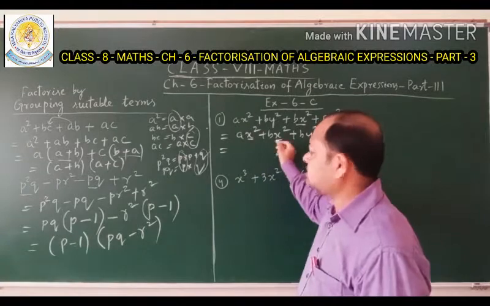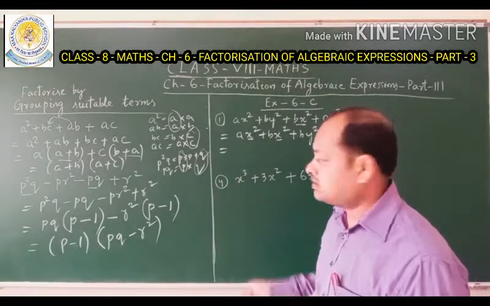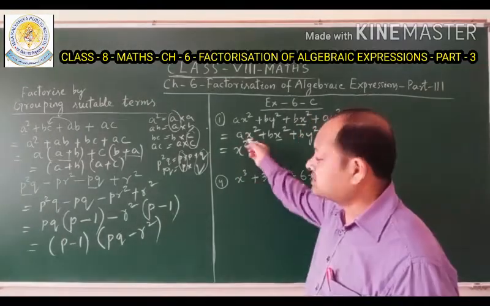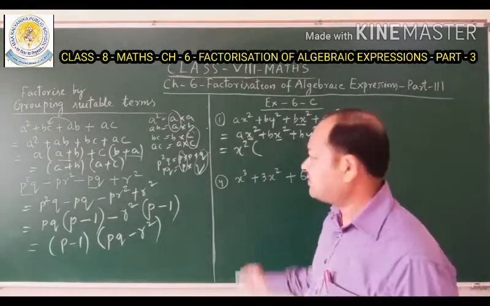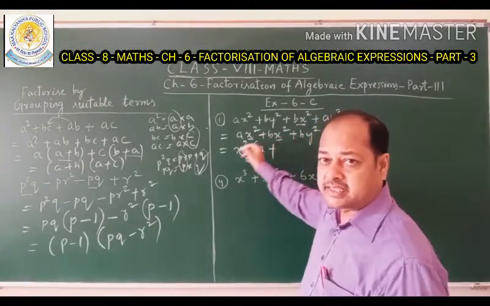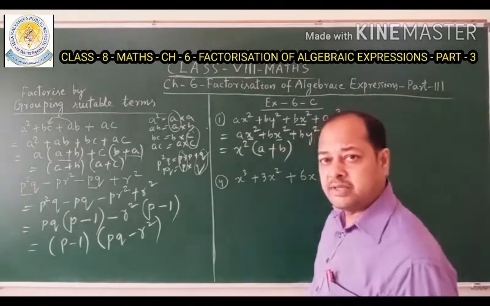X square is present in both the terms, so x square will be common. If you take x square common, what is left here? That is a. Plus, from bx square, if you take x square, what is left? That is b.